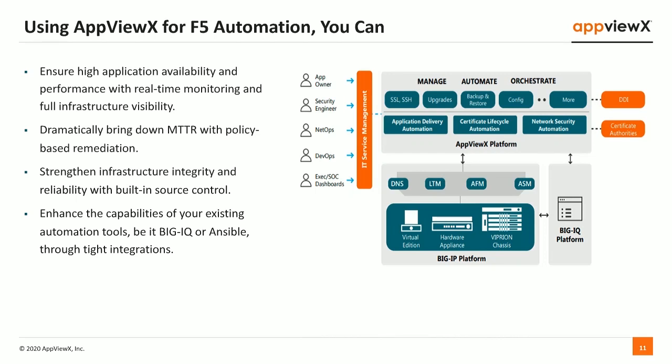And then we integrate with BigIQ, and we also do a southbound Ansible. So if you have Ansible integrations already, we leverage that. If you use BigIQ, we talk to the device through BigIQ. So we enhance what you use there, and then we orchestrate the process across multiple systems if you are doing that.